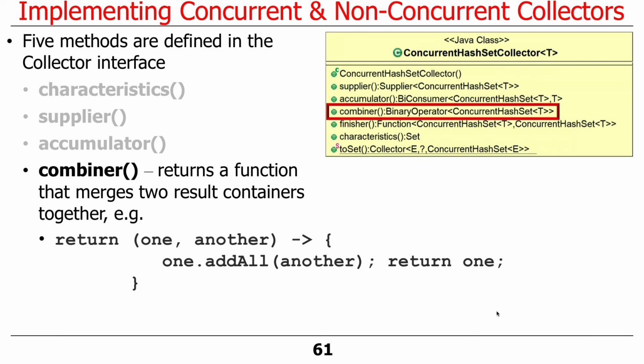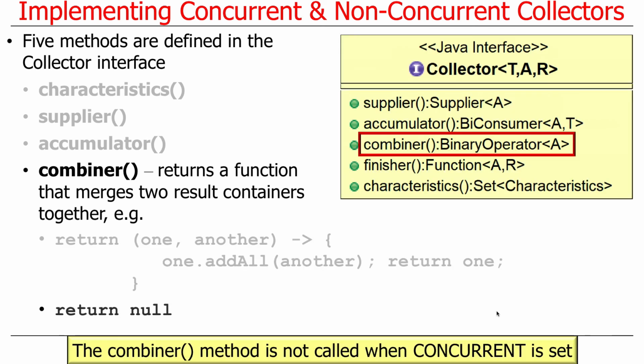So this is how you merge together two array lists. So you take one array list and another array list, and you add another to one, and you return one. You return the leftmost one. So that's how you would do the combiner if it's a non-concurrent collector.